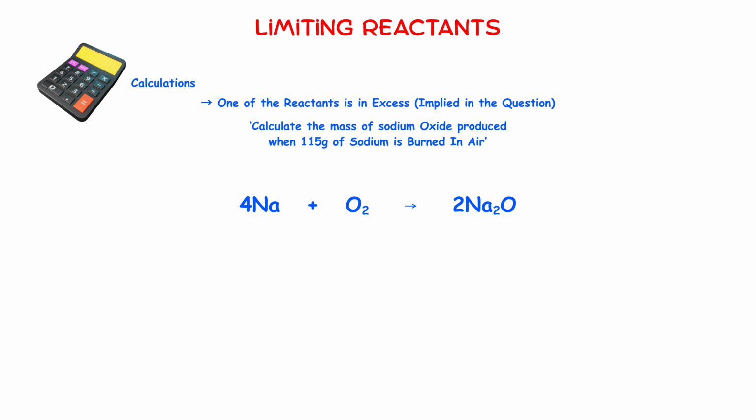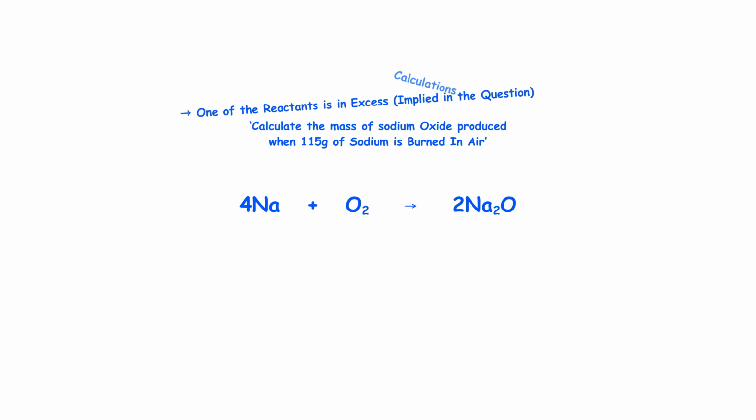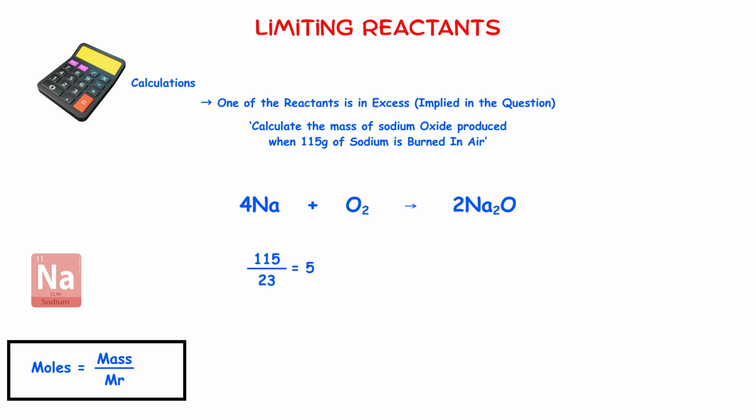The very first step in solving a question like this is to write down the correct chemical equation and then balance it properly. If you are not yet confident in balancing equations, there is a helpful video linked in the description that goes over that process. Since our goal is to find the mass of sodium oxide formed, we must begin by calculating the number of moles of sodium oxide that can be produced.